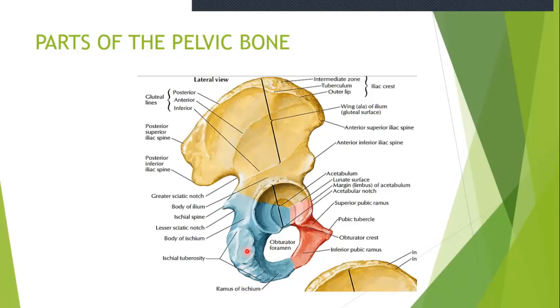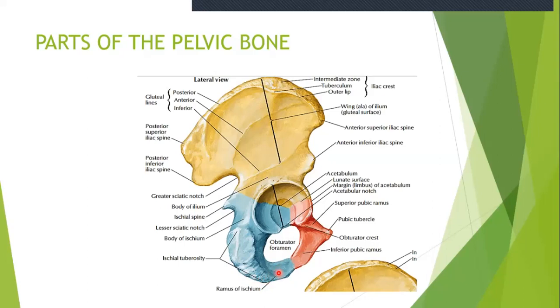You can see this part here is quadrangular. It has a quadrangular part and a triangular part. You will see that there are some muscles which originate from this quadrangular part, which is also divided into two, and this is the triangular part of the ischial tuberosity.